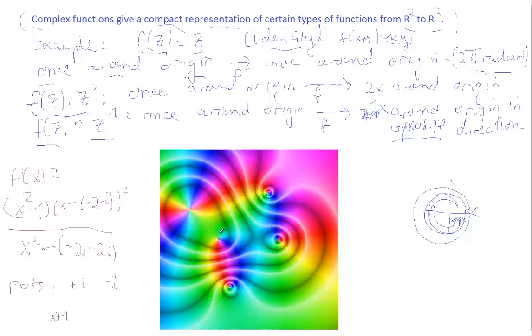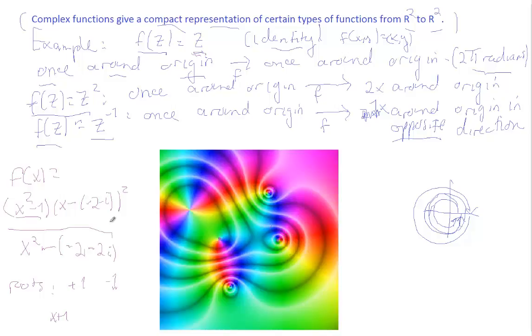So going once around the point gives me once around in the image too, just like in this original example. Same here. If I have a root here, then I'm simply going around 0 once. It's a simple root.